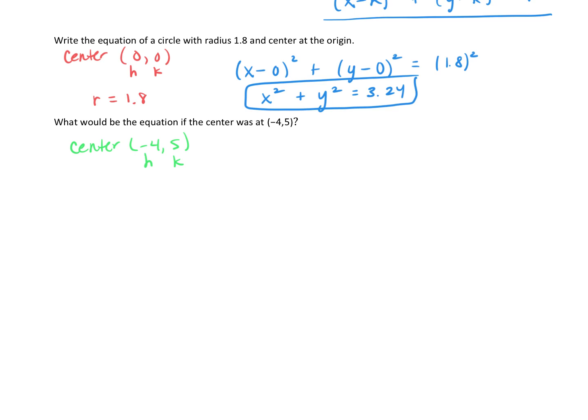So when we plug into our equation for a circle, x minus, it's subtraction built in, and then when we minus a -4, that's when it turns plus. So here's where it looks positive, but it's negative on the graph at a -4. So that's how we get that tricky part. Plus, and then y minus our k, which is 5, we square that, and that has to equal your radius squared. Well, we already squared the radius up above, so we get 3.24.